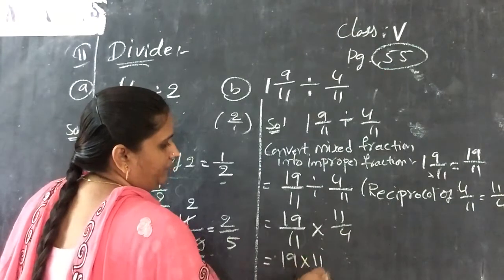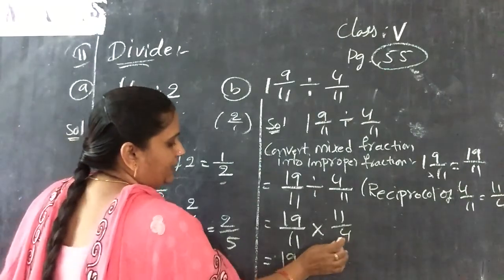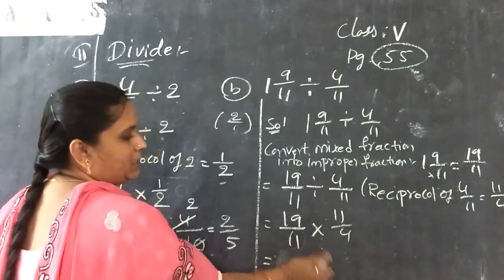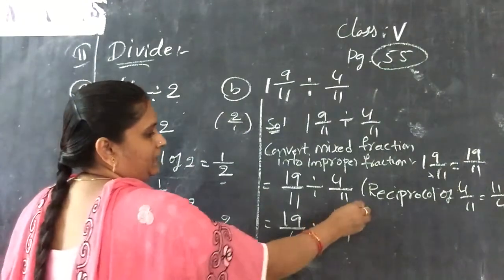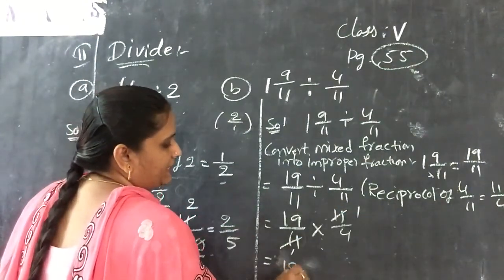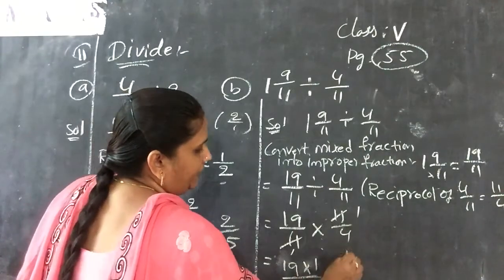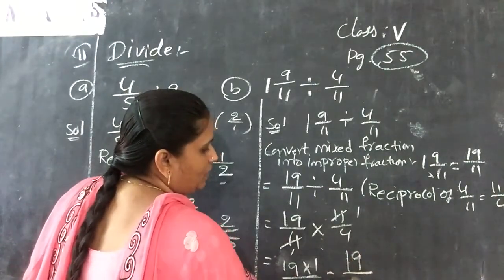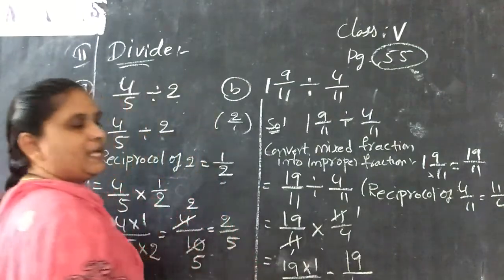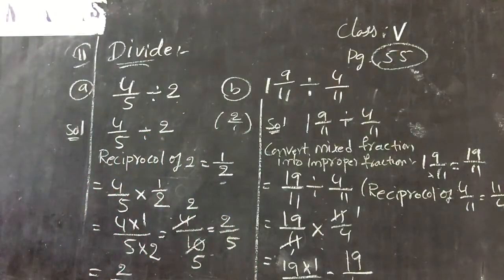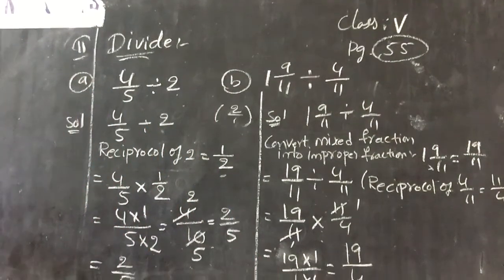Directly you can do the cross division. 11 ones are 11, 11 ones are 11. So the remaining are 19 into 1 by 1 into 4. 19 ones are 19 by 1 fours are 4. That is the answer: 19 by 4.